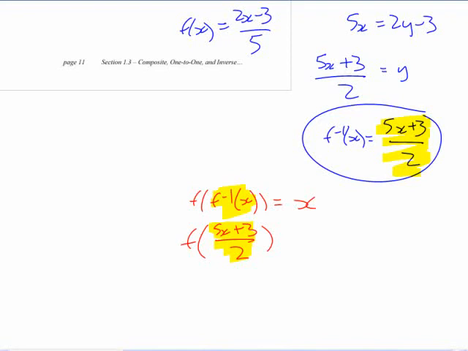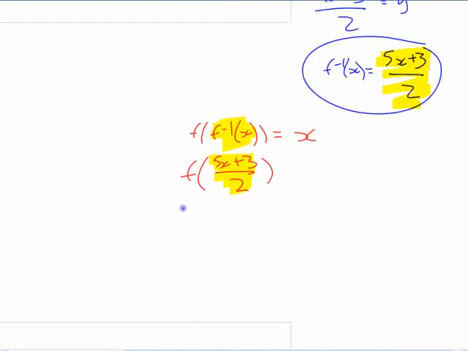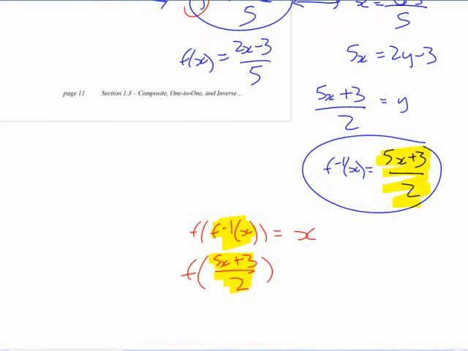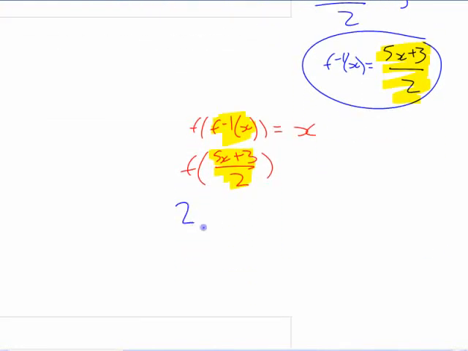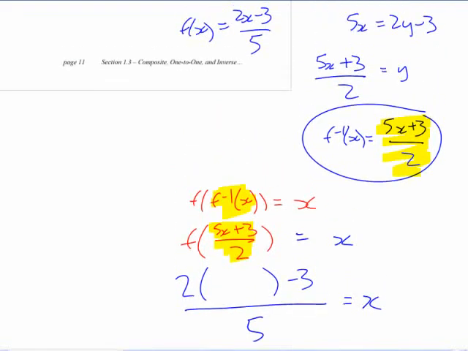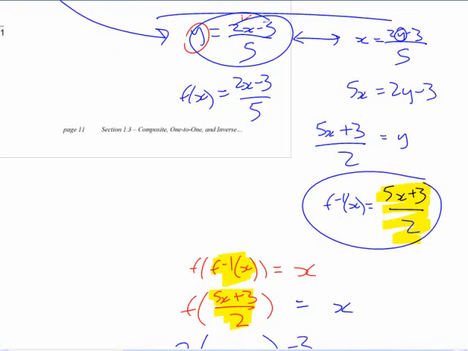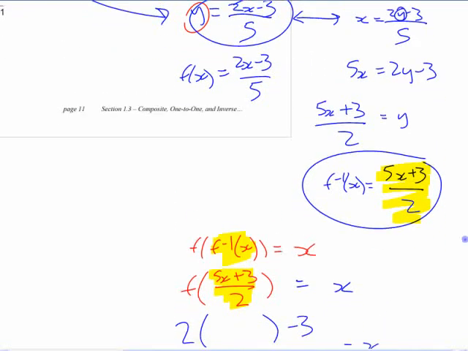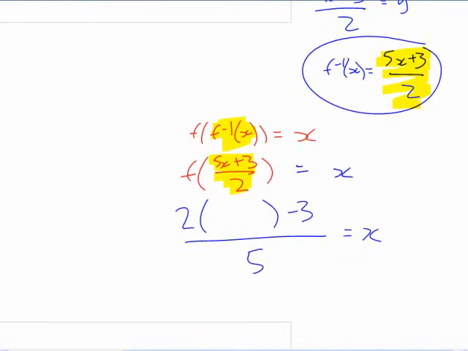And I want to put that into the other function. I want to put that into f. So I'm going to go 2 times that minus 3 over 5, right? And we want to prove that that's equal to x. You did proofs in grade 12, trig proofs, kind of the same thing here. So I'm taking this function and I'm replacing the x, right? I'm composing the two functions together.